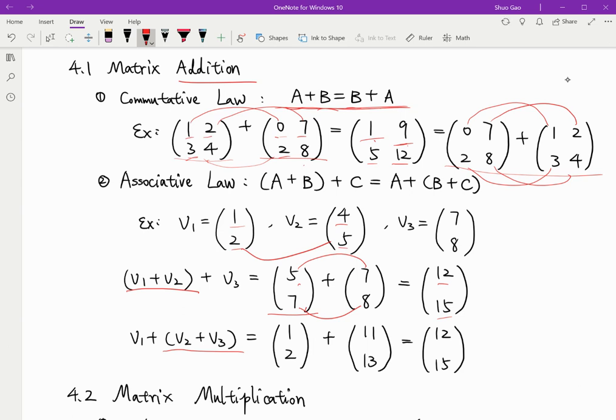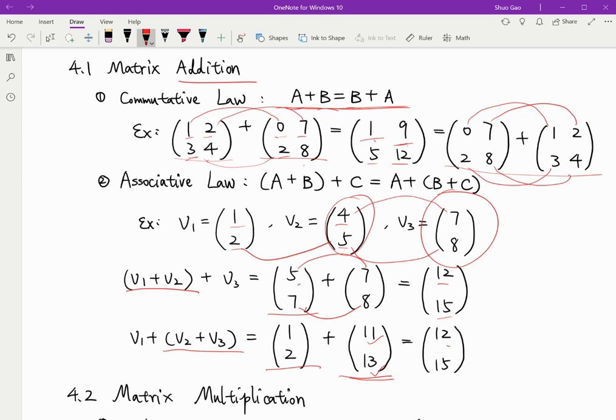So V2 plus V3, first we calculate 4 plus 7, right? So that's 11 here. And then 5 plus 8, so that's 13. So 11, 13 is the addition of V2 plus V3. And we calculate V1 plus the summation here, and we can get again 12 and 15.